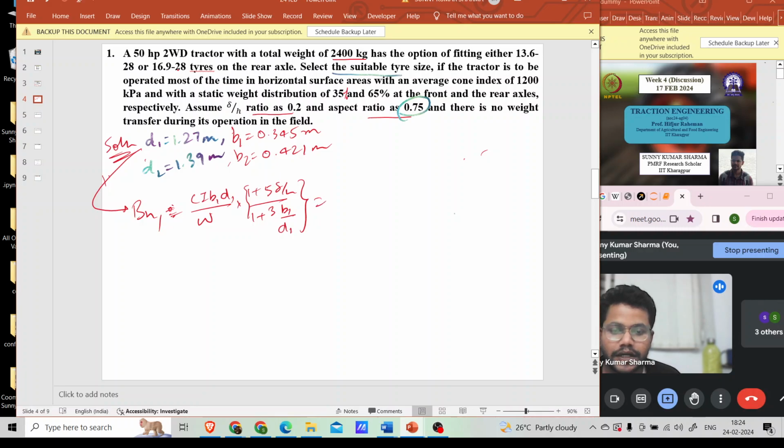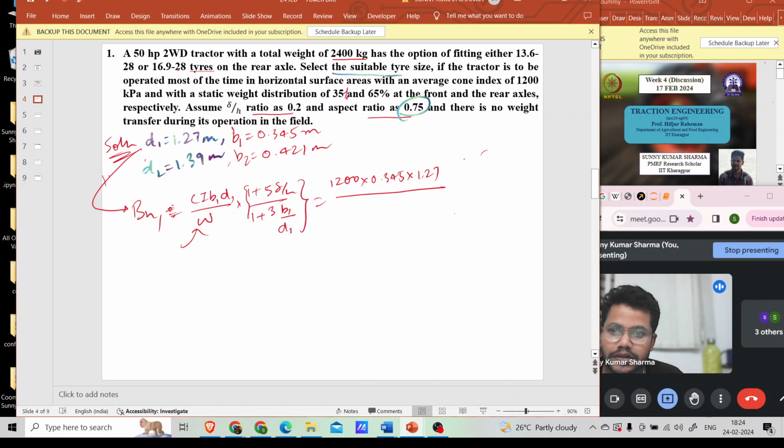What is cone index? 1200 kilopascal. What is B1? 0.345. D1 is 1.27, divided by the weight coming on this single wheel. Weight coming on the 13.6 into 2. This is front wheel, right?